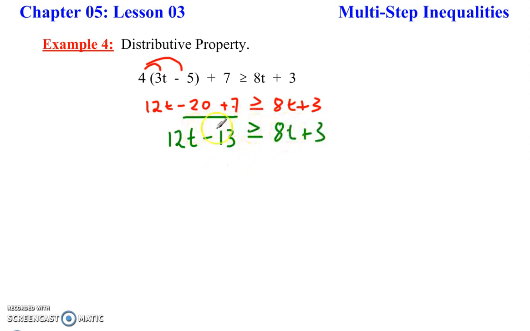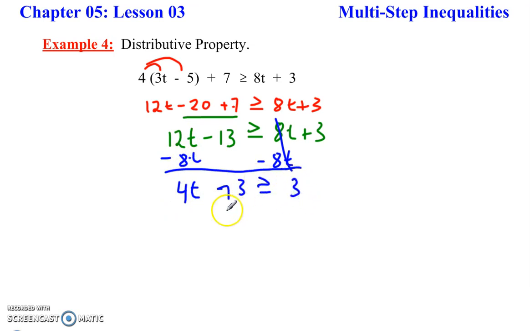And now we want to move the variable terms around. This one's the smaller variable term, so I'm going to subtract that one. Subtract 8t from each side. This cancels out, and I'm left with 4t minus 13 is greater than or equal to 3.